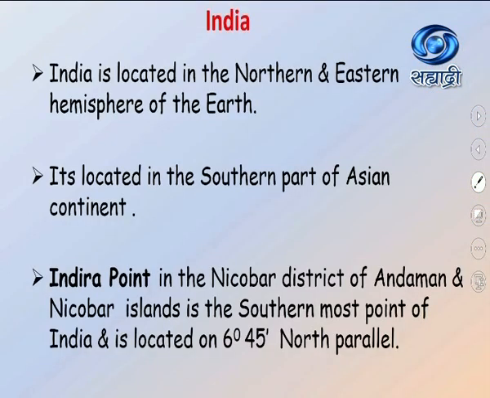Now let's just revise about India. India is located in the northern and eastern hemisphere of the earth. It's located in the southern part of the Asian continent. Now Indira Point in the Nicobar district of Andaman and Nicobar Island is the southernmost point of India and is located on 6 degrees 45 minutes north parallel.